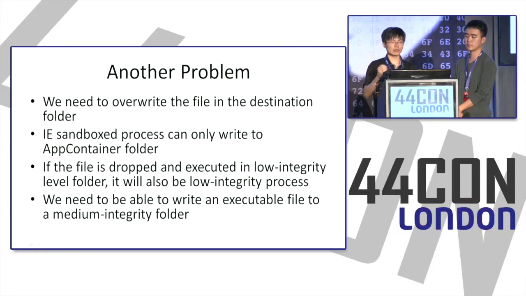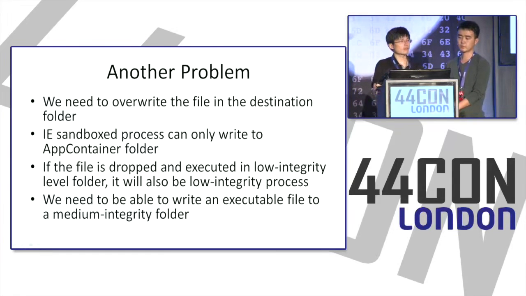In that case, we will not be able to bypass the EPM sandbox. And because we need to replace the file in the destination folder, we must have write access to that folder. So it means we must have write access to a medium integrity level folder.